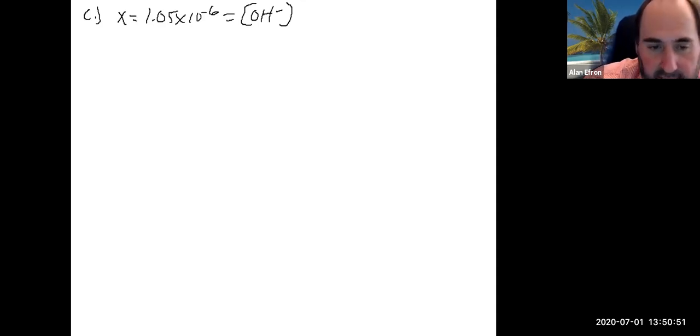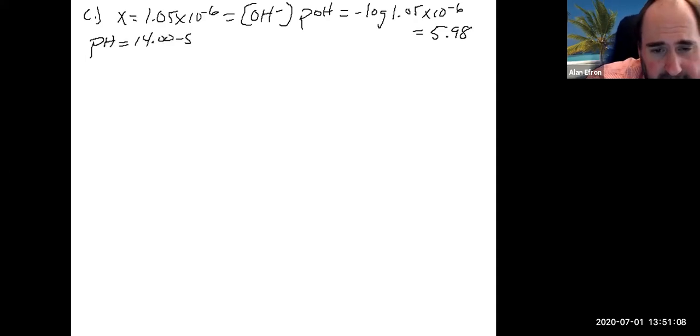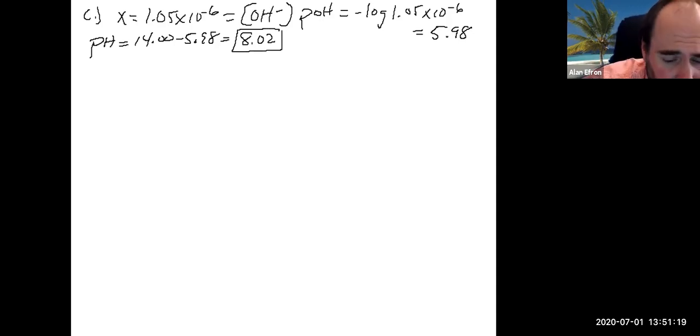And the pOH would be minus the log of 1.05 times 10 to the minus 6, going to give us 5.98. And that will then give us a pH that is 8.02. And again, that pH does make sense based on when we started the problem.